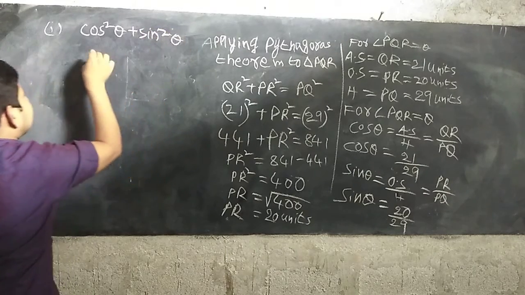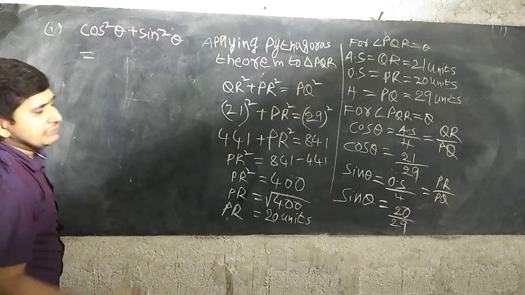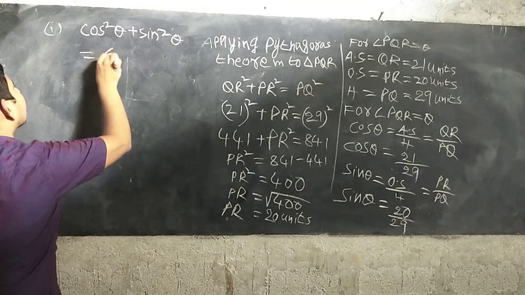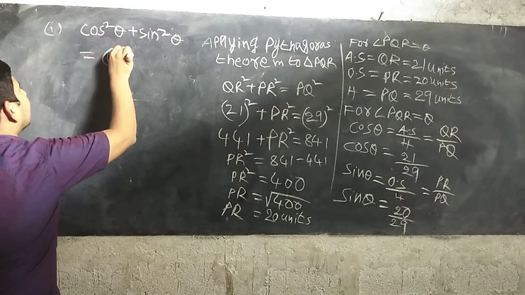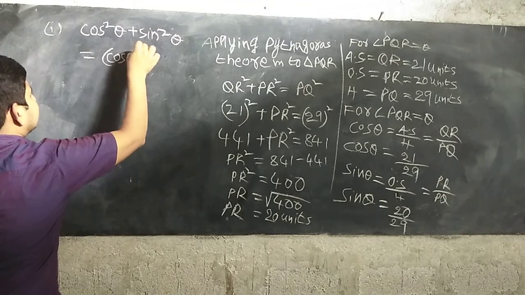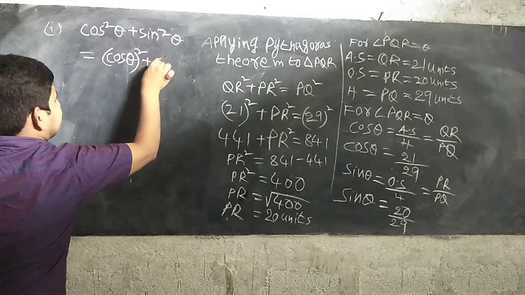Okay? So equal to cos square theta, which is cos theta whole square, plus sin theta whole square.